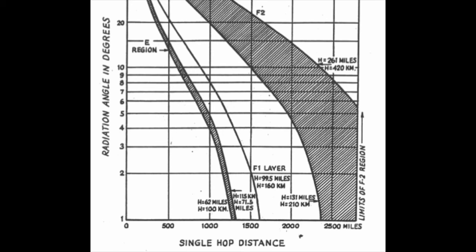But there's also going to be radiation above and below 10 degrees. You might have your strongest signal at 10, but you're still going to have some signal going up at 5 degrees and some signal going up at 20 and 25 degrees. What this means is that your strongest signal is probably going to be at 10 degrees, at 1,500 miles, if the F layer is at its lower level.